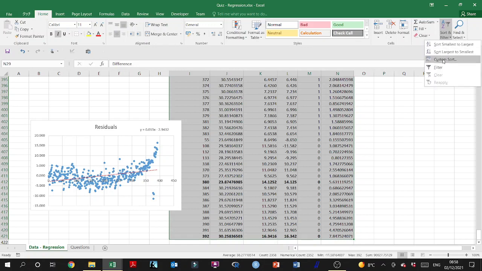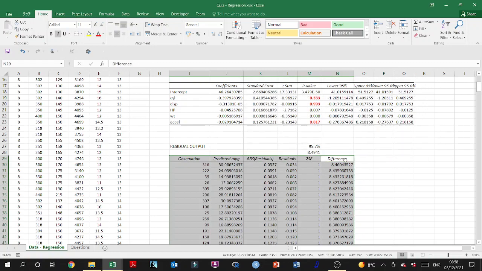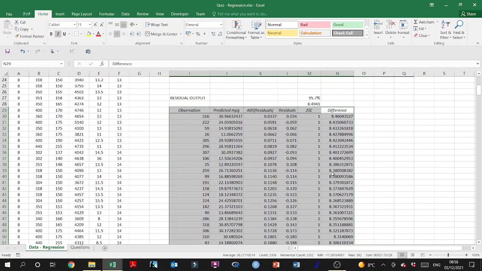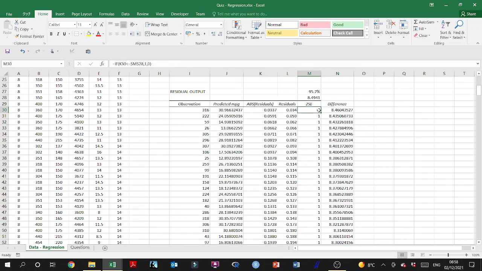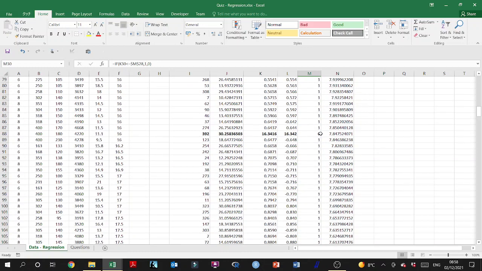Again, not the two standard deviation, the difference, largest to smallest, okay. All right, here we go. It's within two standard errors, all right. This is the largest, it seems to be.